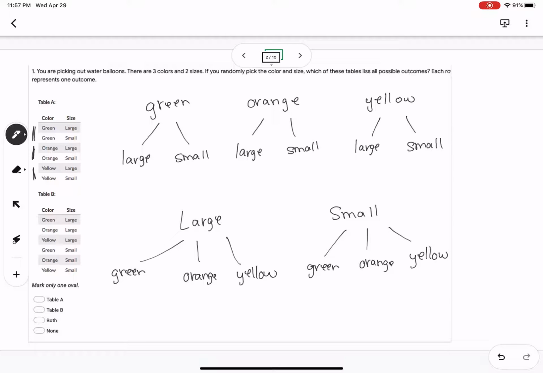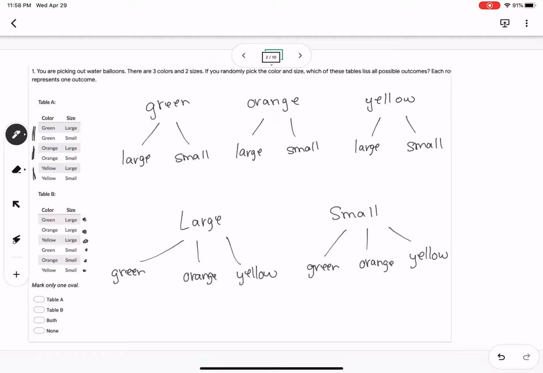Okay, now when we go through and look, it's still only giving us 6 different options, right? But if you look at table B, it lists a green large, an orange large, and a yellow large. Green small, orange small, and yellow small. So the tables look different, but they're technically the same, right? They're listing all those same possibilities.